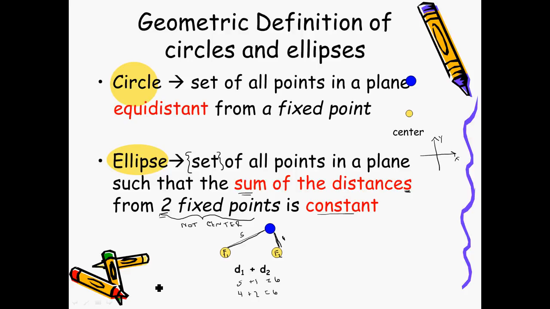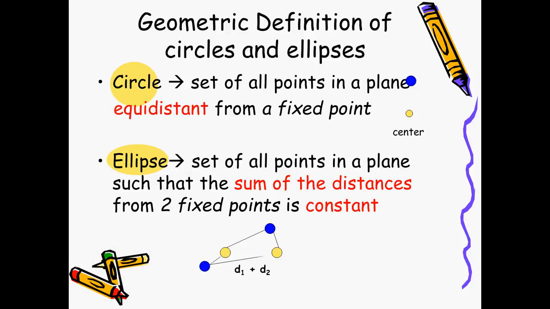If you keep doing that, if you find all the points on a plane that satisfy that condition of the sum of the distances being the same, you will get not a circle, but an ellipse. These 2 points are called focal points.